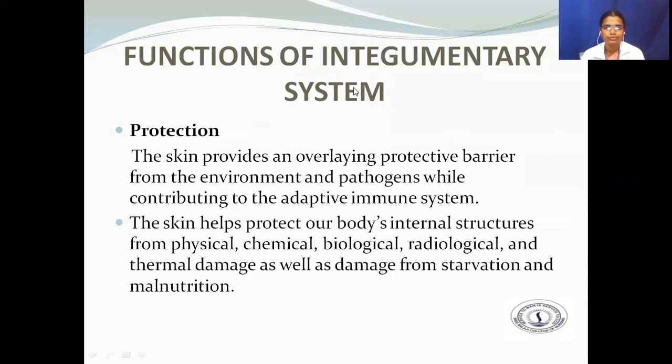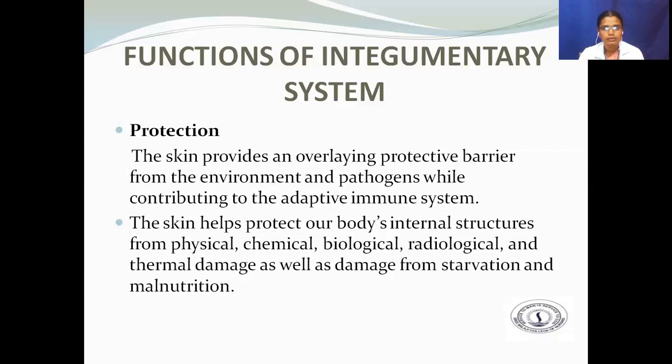The functions of integumentary system include, first one, protection. Integumentary system involves the organ skin. The skin provides an overlaying protective barrier from the environment and pathogens while contributing to the adaptive immune system.